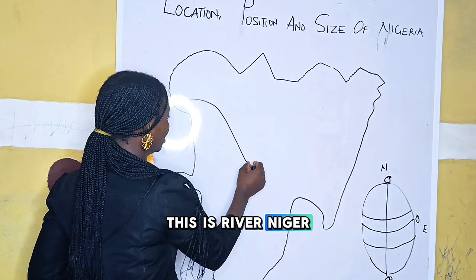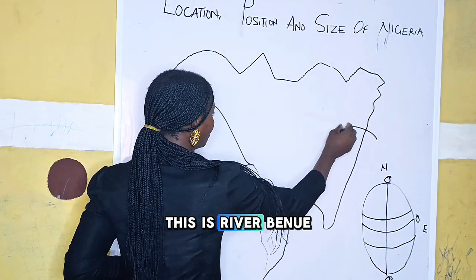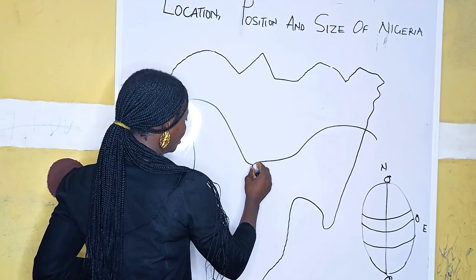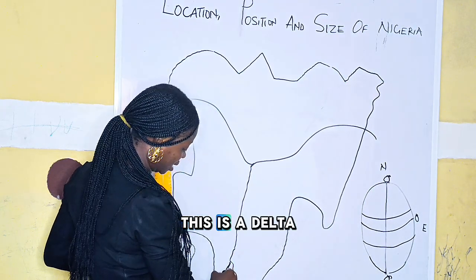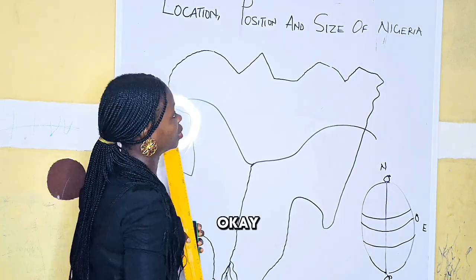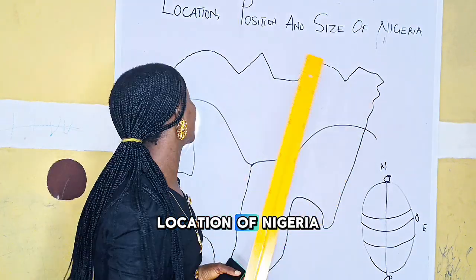This is River Niger, this is River Benue, meeting almost at the center of Nigeria. This is a delta.